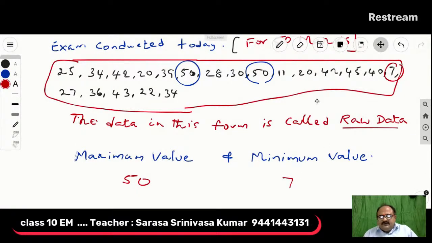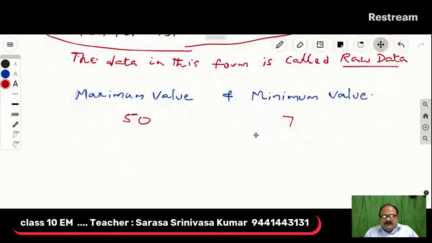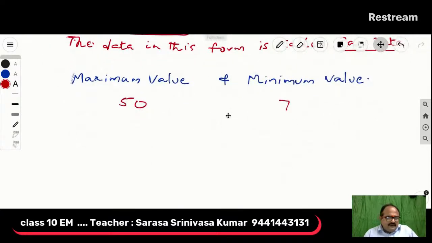So the difference between maximum value and the minimum value is called the range of the data.